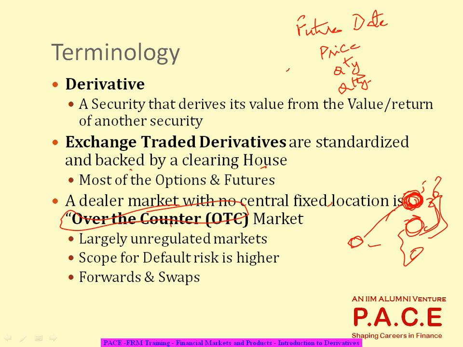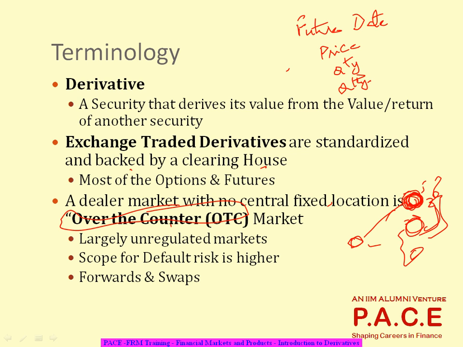Or probably a farmer and a middleman can get into a forward contract. The middleman will get into an agreement saying he will buy the crop from the farmer, let's say after 2 months, at a particular price. So irrespective of whatever the market price is after 2 months, he will pay the fixed price and buy from him. So those are all typically your derivative contracts.